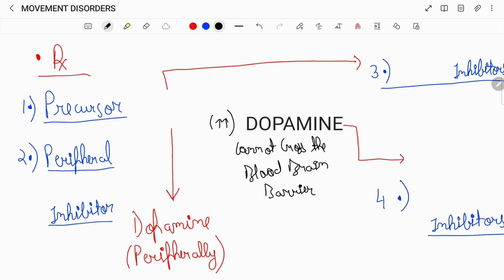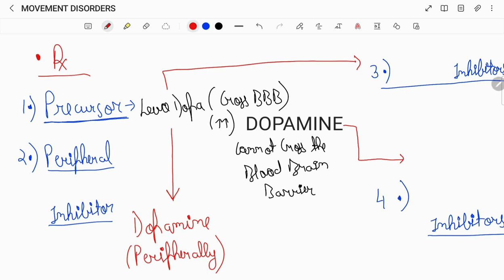For that, what we give is a precursor of dopamine, that is levodopa, because this levodopa can cross the blood brain barrier. So the first drug that we give in Parkinson's disease is levodopa because it can cross the blood brain barrier.